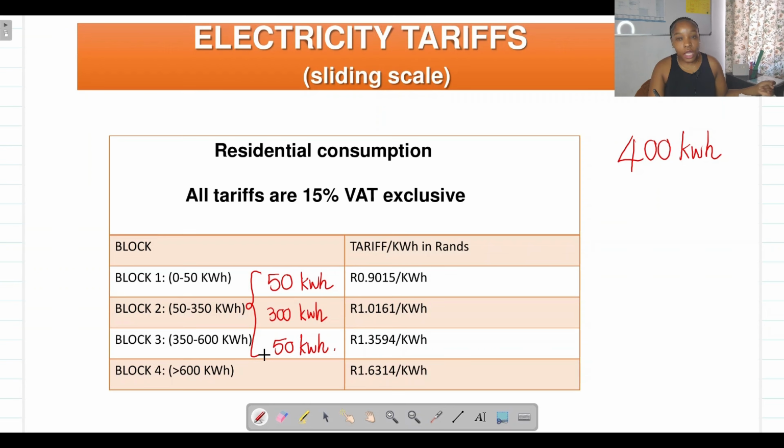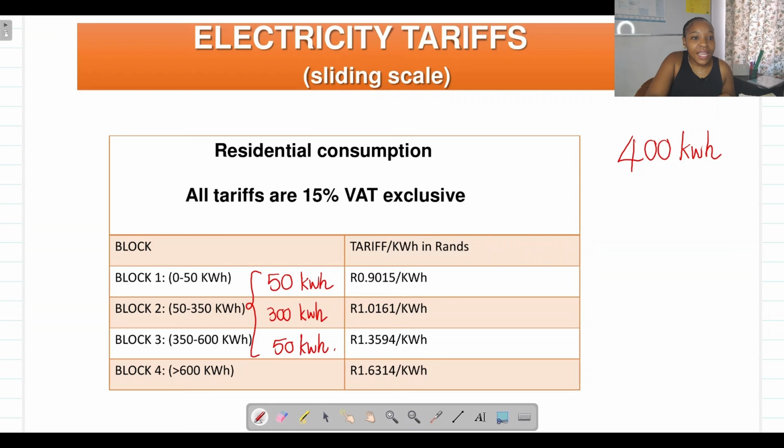Once we've established the amount of units that we're going to take in each block, we take the units and multiply with the tariff, to get the amount, and then we add up all the amounts together to get the total, excluding VAT. So VAT is not included yet. Then once we've got that, we're going to include that 15% VAT using that magical method that I've taught you guys in the water tariffs video.